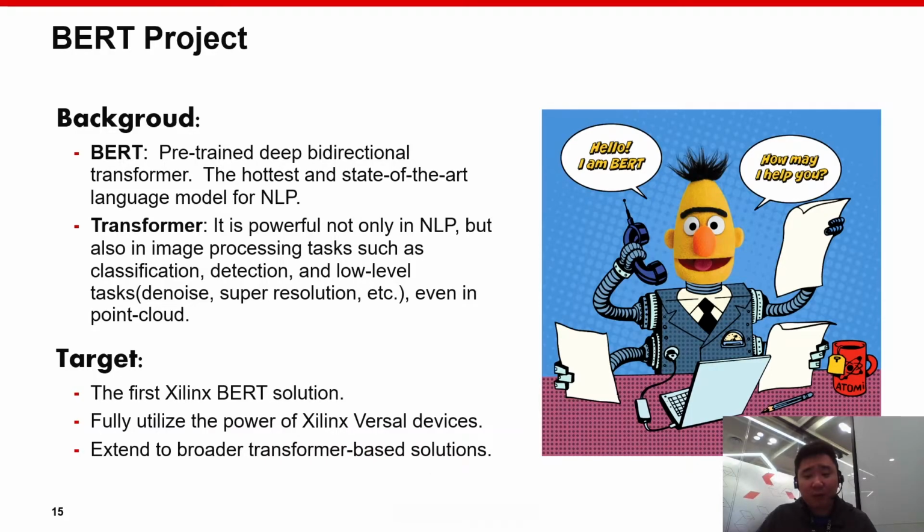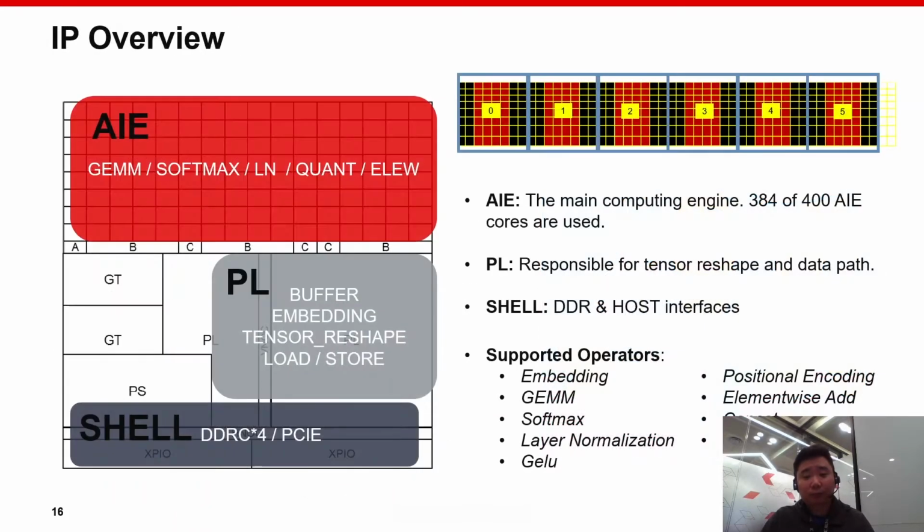Xilinx did not do any retrain or optimization on it. We just used the model pre-trained by Google with the SQuAD dataset, quantized it, and deployed it on VCK5000. The BERT IP has utilized 384 AI cores for dense computing operations like GEMM or layer normalization.